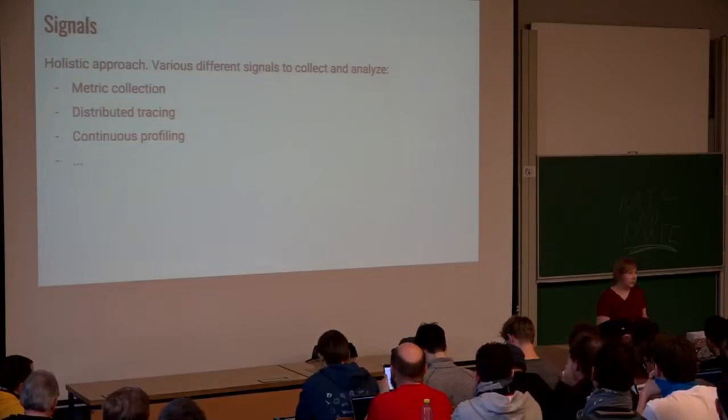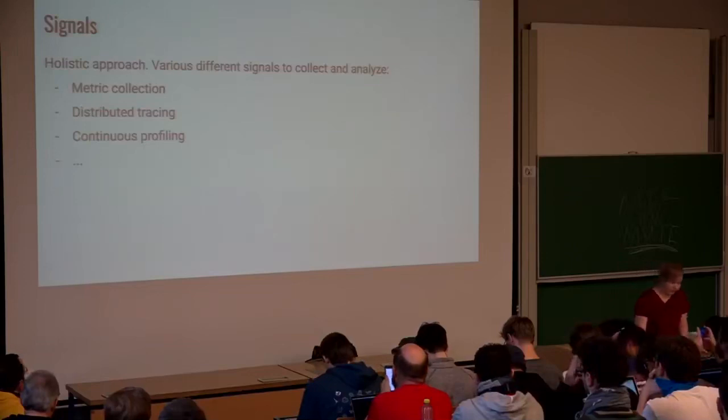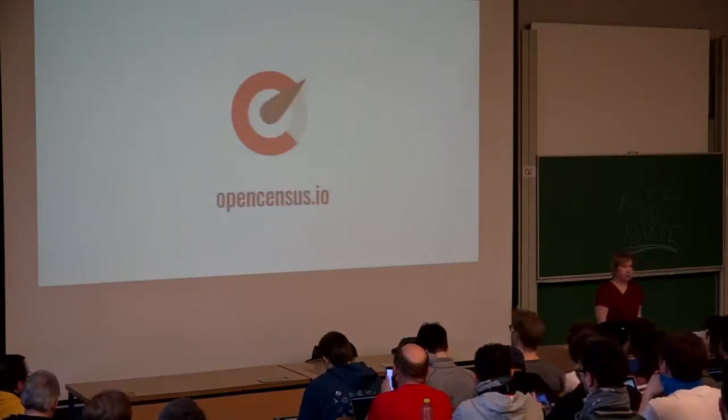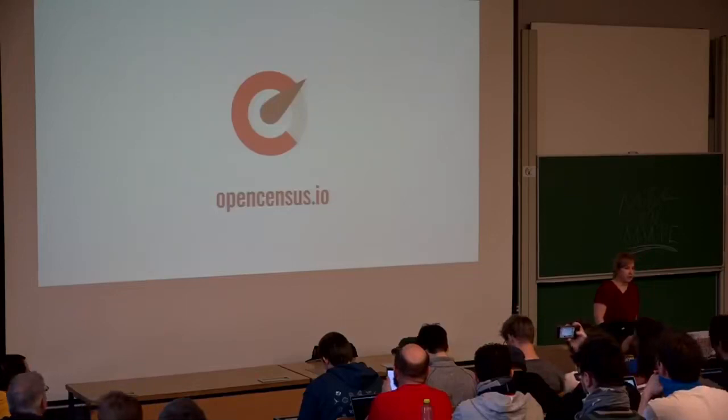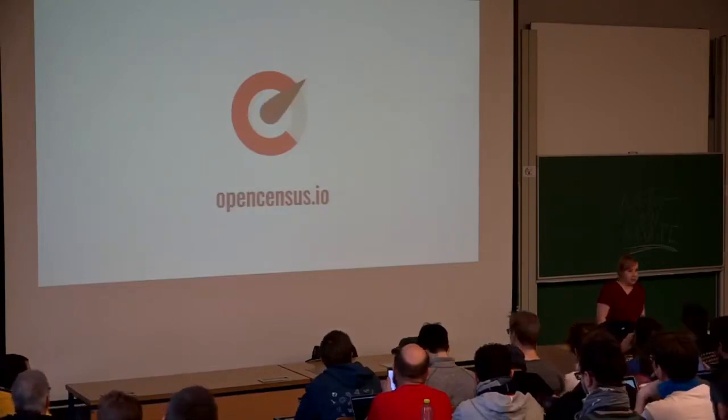That's why we built a common framework and decided to open source it and make it vendor agnostic so anybody can use it with any provider. Recently we announced our project OpenCensus, which is a holistic instrumentation framework. It is inspired by Google's internal project called Census.